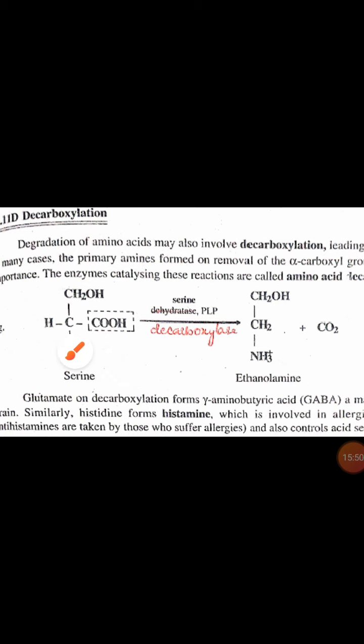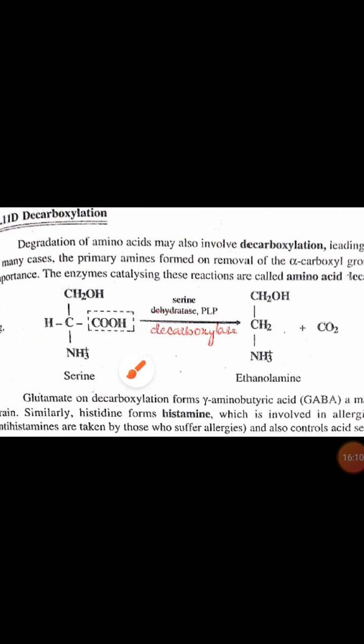But here the same serine I have taken as an example, but instead of removing ammonia, I am removing carbon dioxide. Hence it is called decarboxylation. If they ask you for deamination, take serine, remove ammonia. If they ask you for decarboxylation, take serine as an example, remove carbon dioxide.